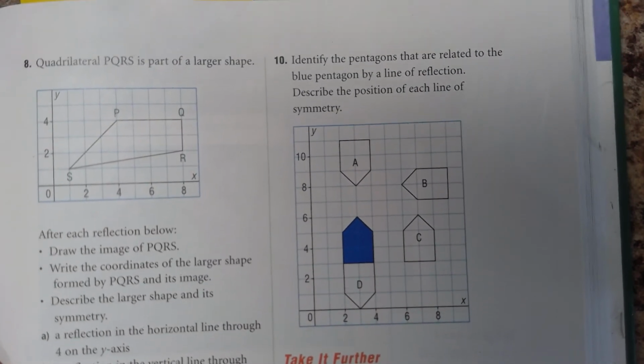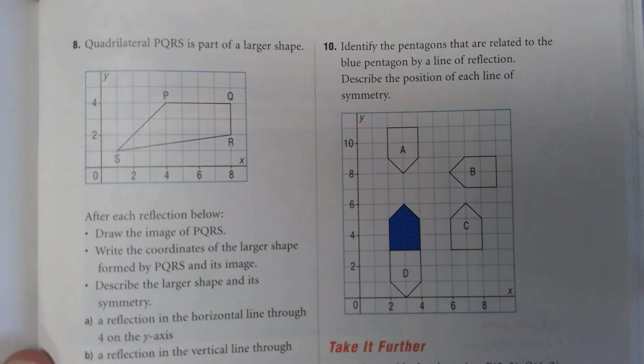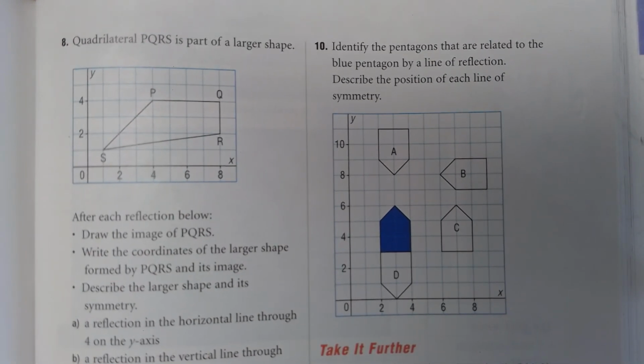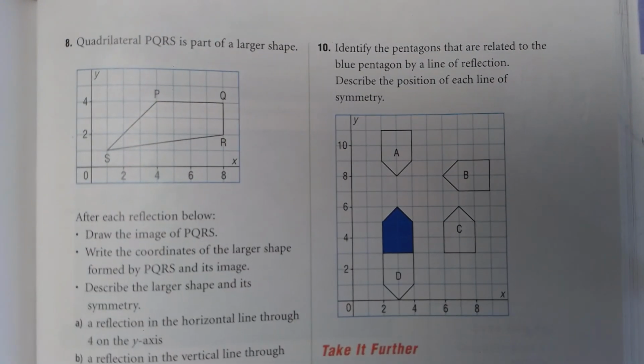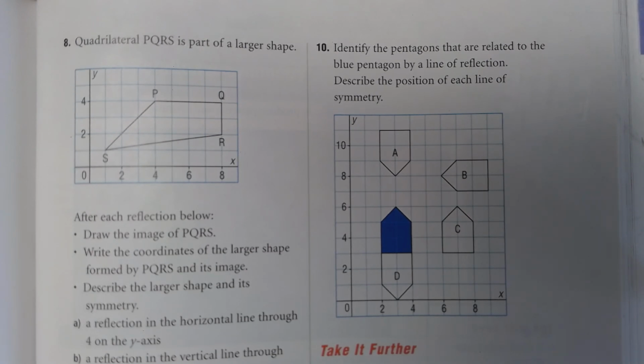And number 10 on page 359. Identify the pentagons that are related to the blue pentagon by a line of reflection. Obviously D is. All the other ones you'll have to look at them carefully to see whether or not they're related.